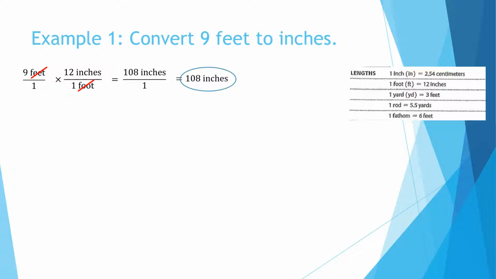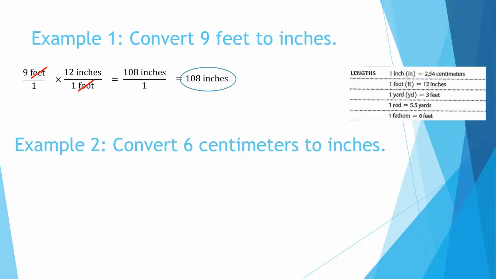Let's look at the next example, which deals with units that maybe you're not as familiar with. So the next example says convert 6 centimeters to inches. So once again, we're going to start with 6 centimeters divided by 1, since that's what we're trying to convert. We want to end up in inches. So if you look at the picture that I've put at the top right-hand corner, it says that 1 inch is the same thing as 2.54 centimeters approximately.